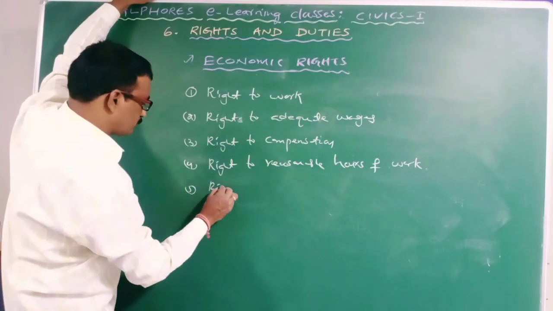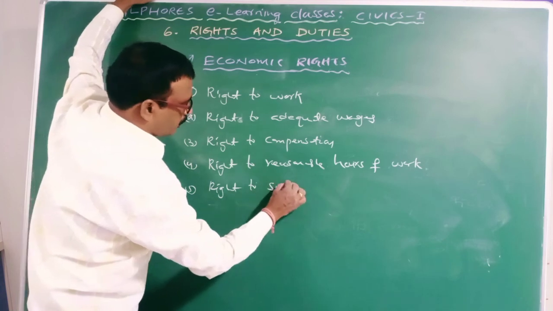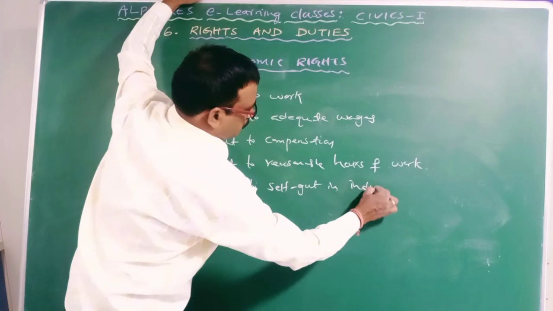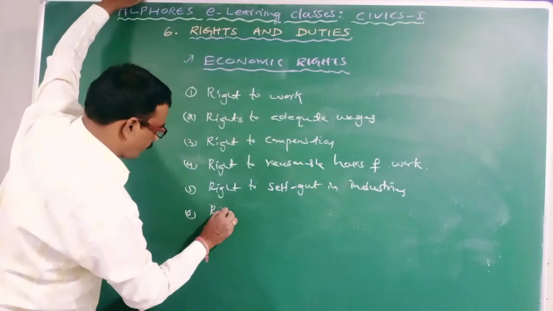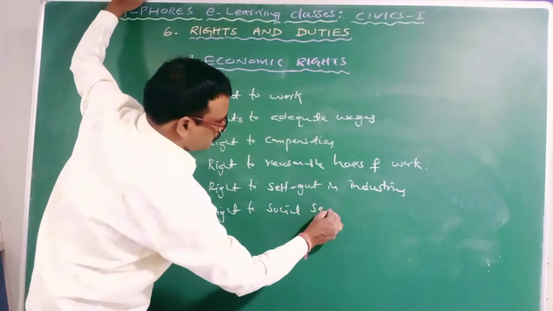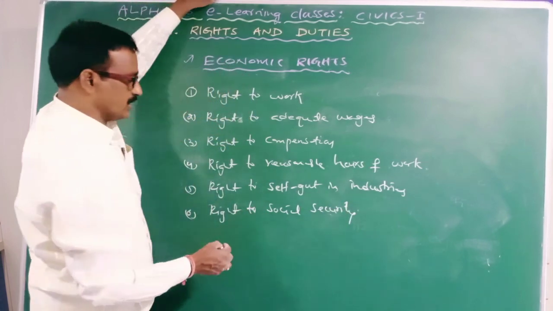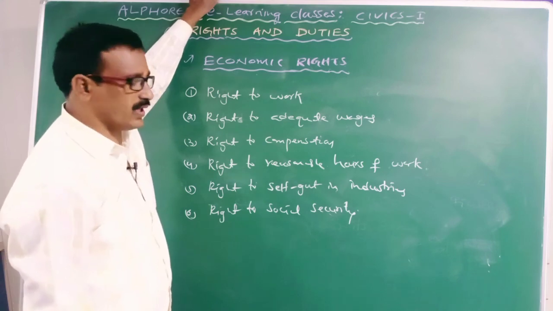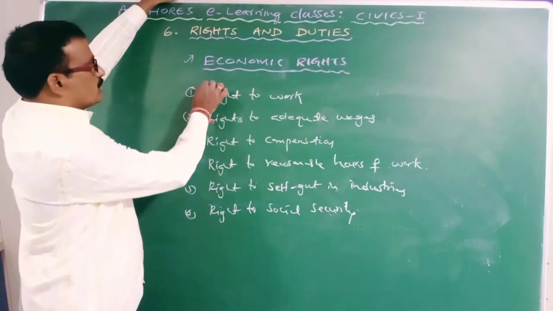Then right to self-government in industries. And last one is right to social security, in case of physical disability, in case of old age, in case of illness. Clear? So these are the economic rights.